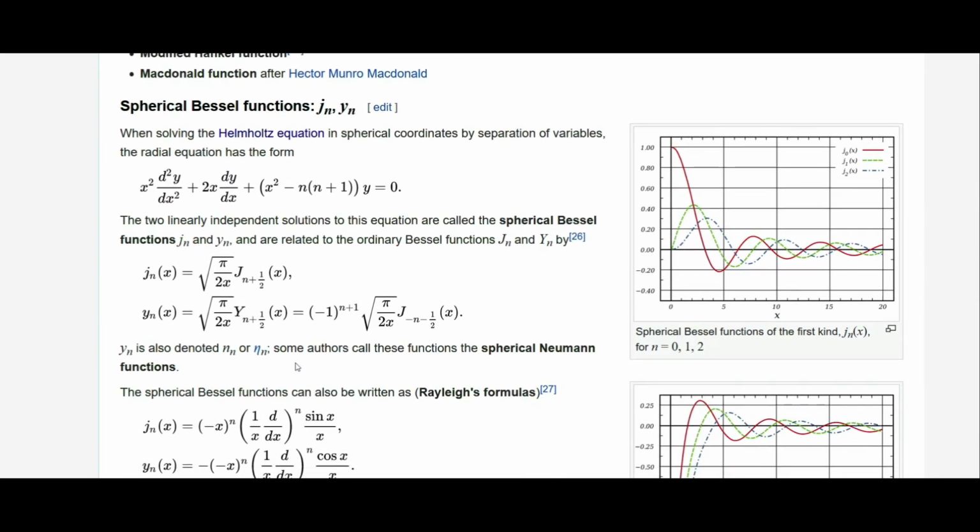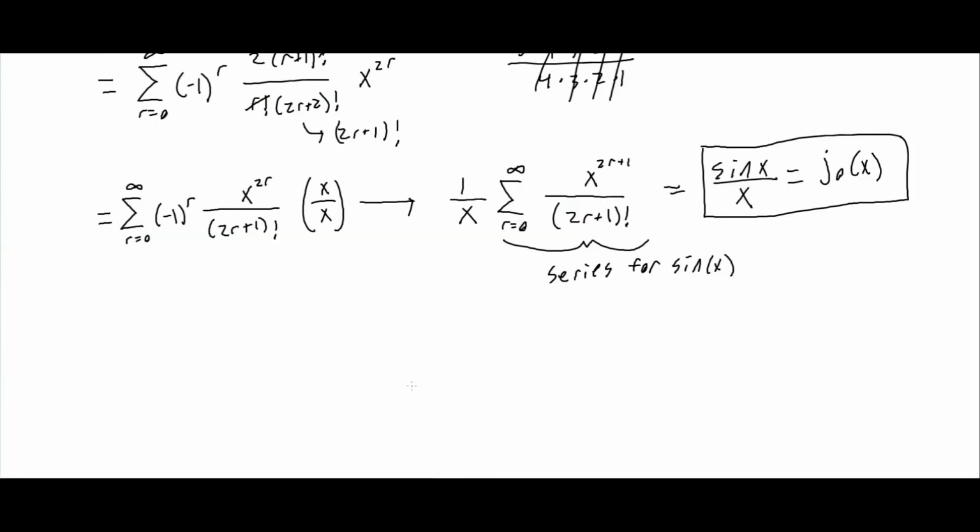And once again, to interpret it, I will say that the spherical harmonics tell you what is happening on the surface of a sphere at some fixed distance from the origin, where the radial equation is telling us, if this is the origin of our sphere, what's happening as a function going out to the surface.